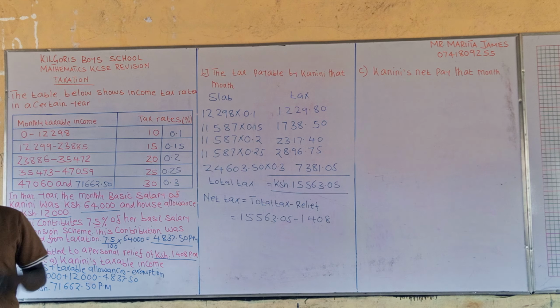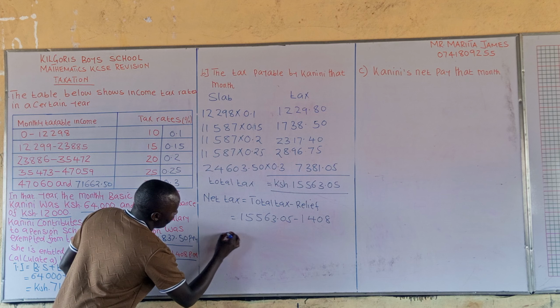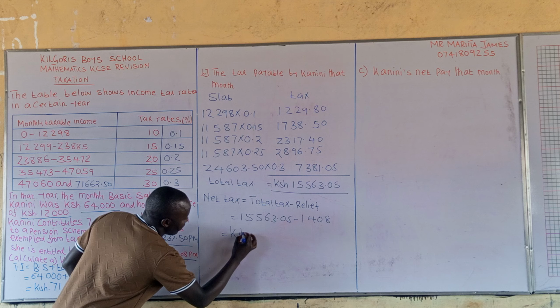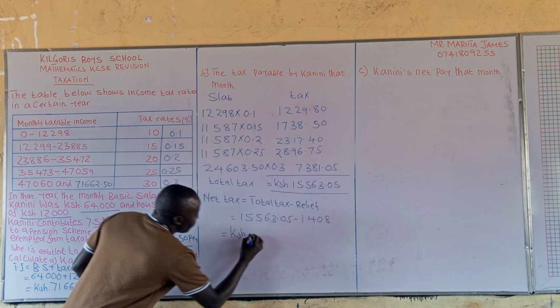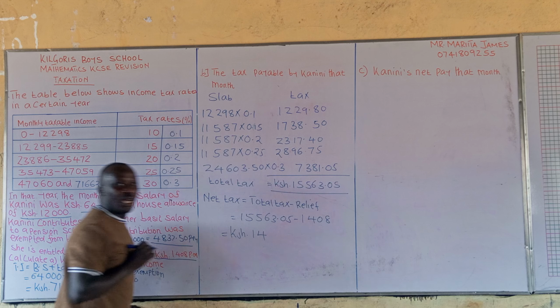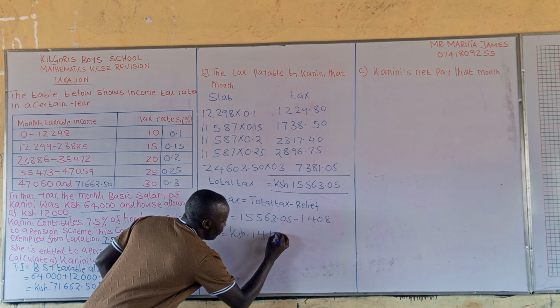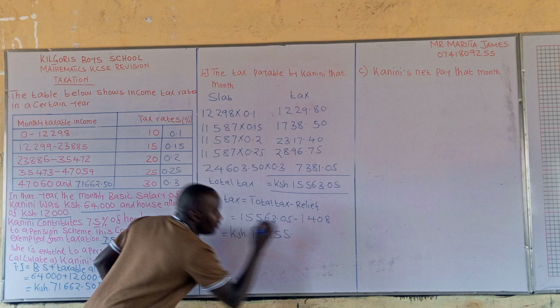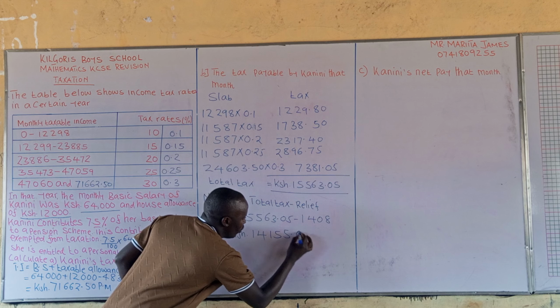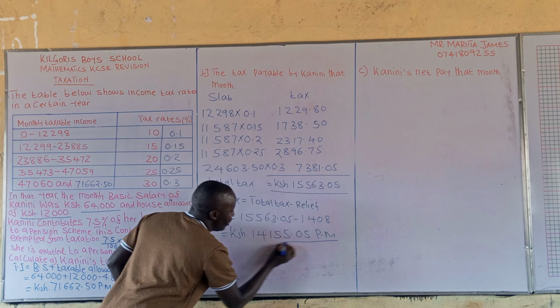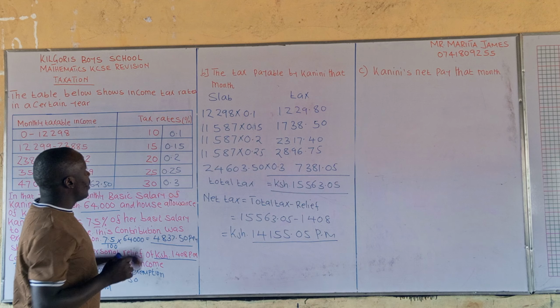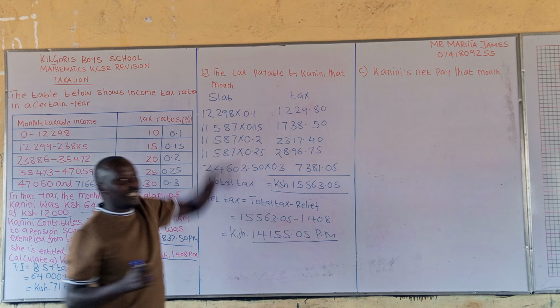And therefore, this one will give us the net tax of Kenya shillings 14,155 and 0.5 cents per month. So this is the net tax, the tax payable by Kanini that month.